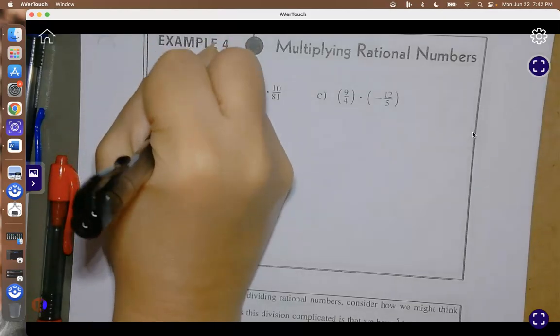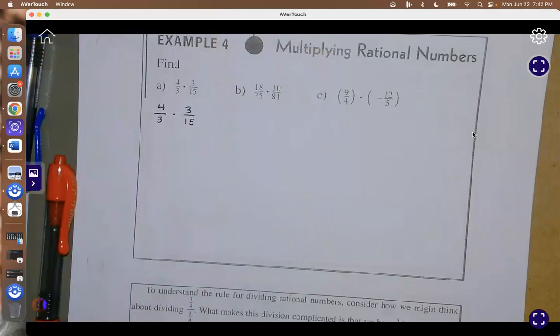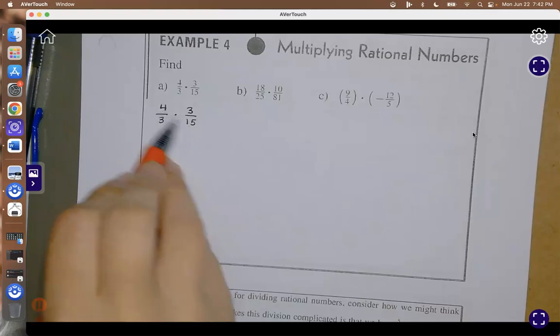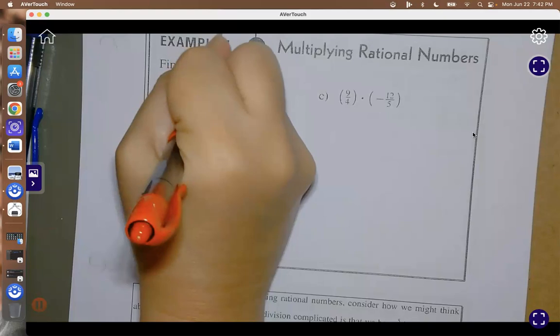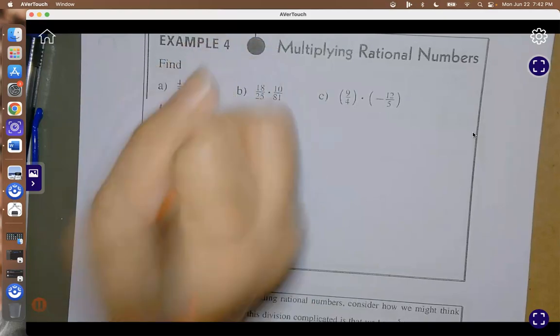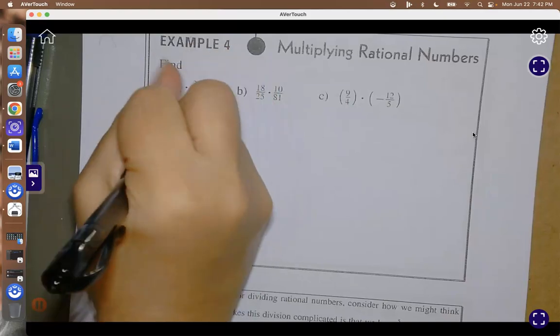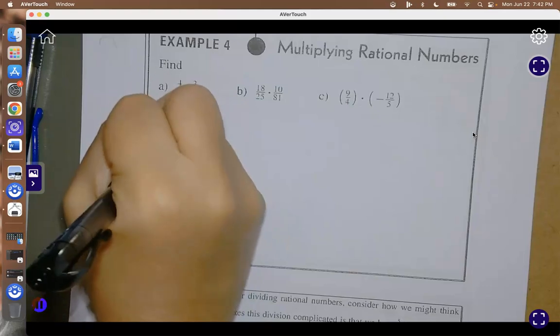When I say cross cancel, that means that they have something in common, that will be divisible. So 4 and 15 have nothing in common. 3 and 3, they're both divisible by 3. 3 goes into 3 one time, 3 goes into 3 one time. Then you can multiply straight across. 4 times 1 is 4. 1 times 15 is 15.